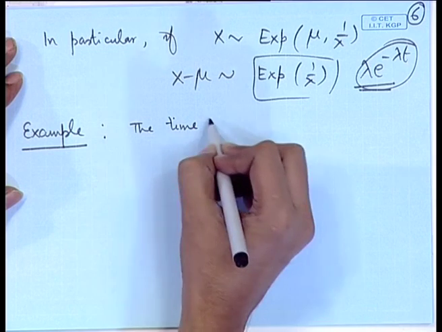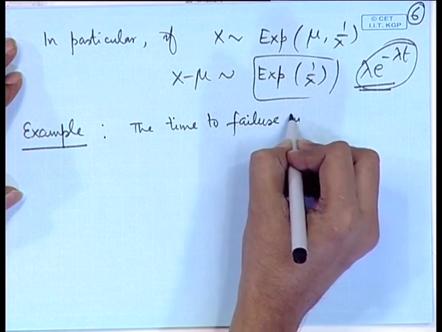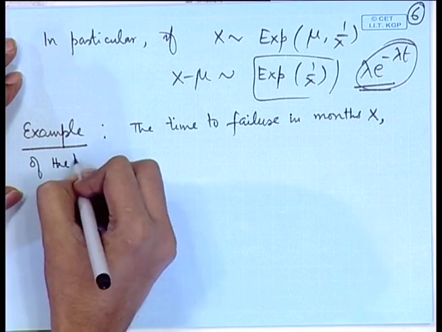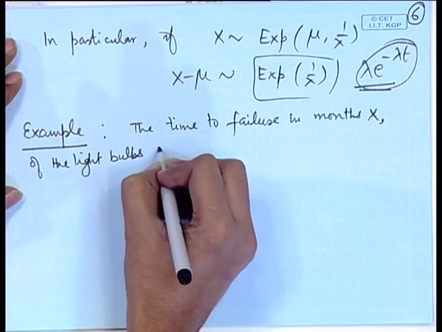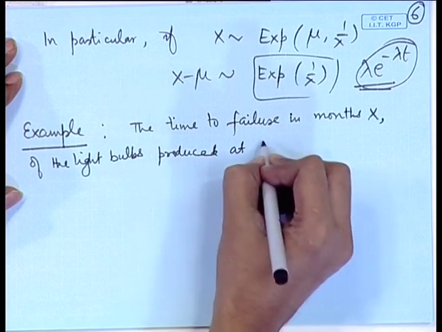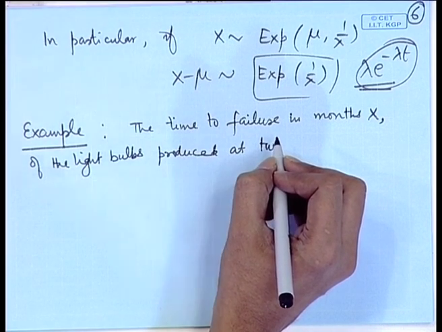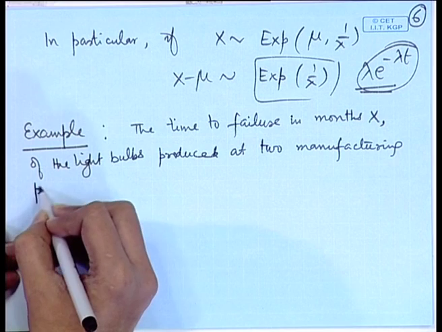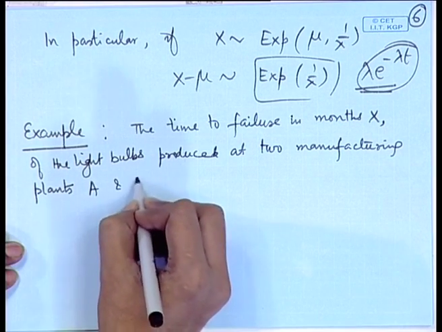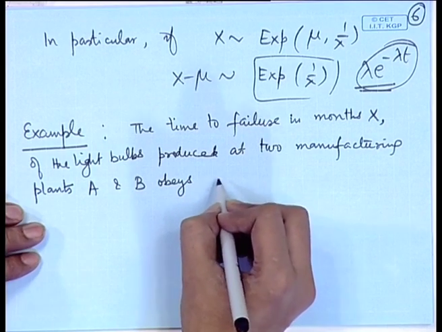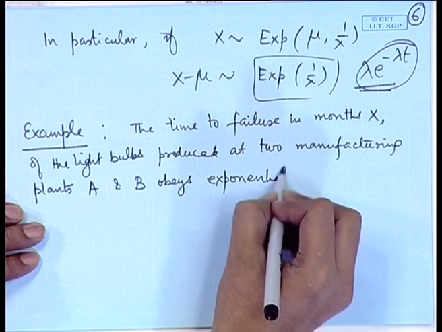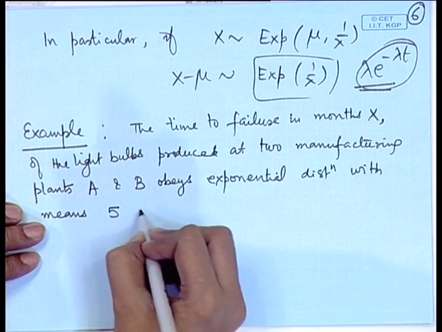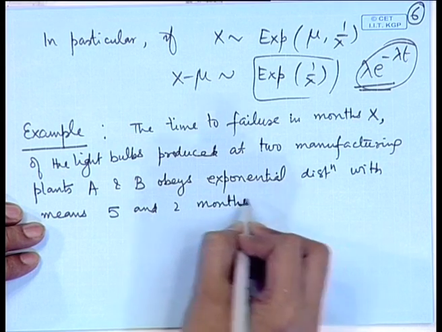The time to failure in months, so suppose it is x, of the light bulbs produced at 2 manufacturing plants, say A and B, obeys exponential distribution with means 5 and 2 months respectively.